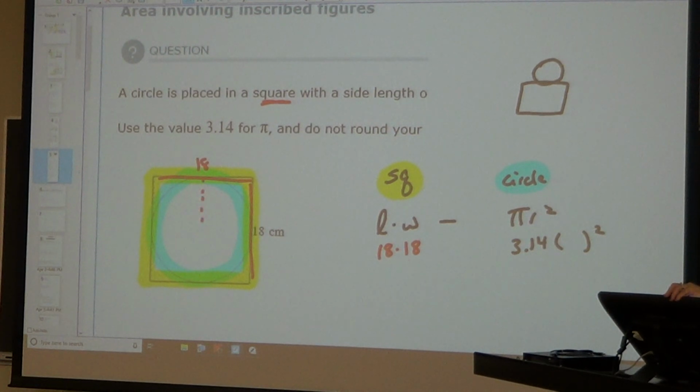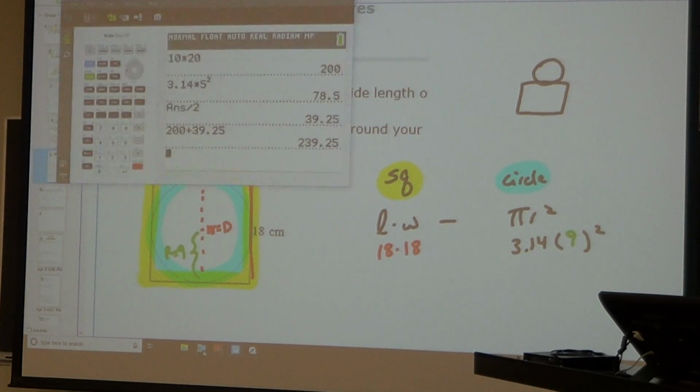So 18 would be my diameter, which means 9 is going to be my radius. Your radius is always half of your diameter. So I'm going to do 18 times 18, and I'm going to do 3.14 times 9 to the second, and I am going to subtract those two. There's my answer.